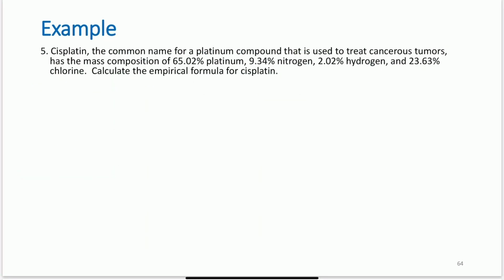Okay, cisplatin is the common name for a platinum compound that is used to treat cancerous tumors. It has the mass composition of 65.02% platinum, 9.34% nitrogen, 2.02% hydrogen, and 23.63% chlorine. I want you to calculate the empirical formula for cisplatin. So again, as a reminder, empirical formula is the lowest whole number mole ratio.